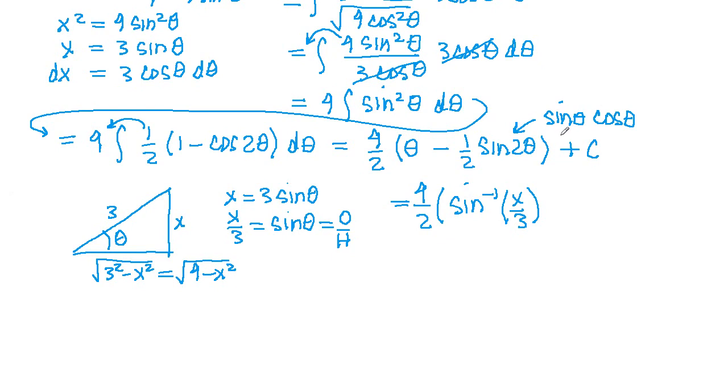And we know what sine theta is, it's x over 3. So minus x over 3, and then cosine theta is adjacent over hypotenuse, so root 9 minus x squared over 3. Close up our parentheses, plus c, and we've got it.